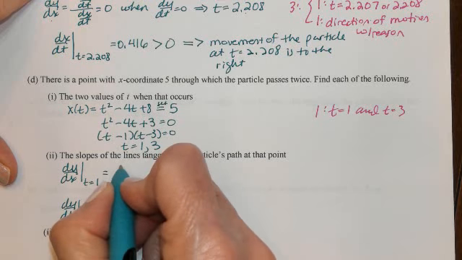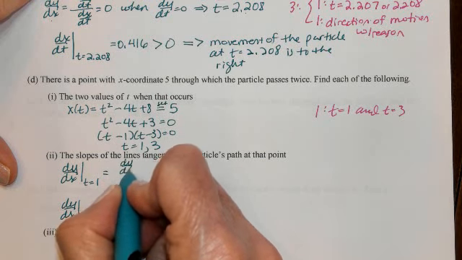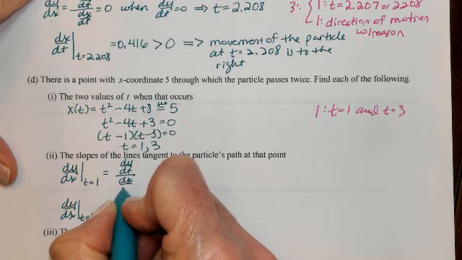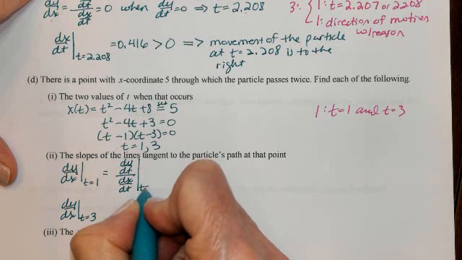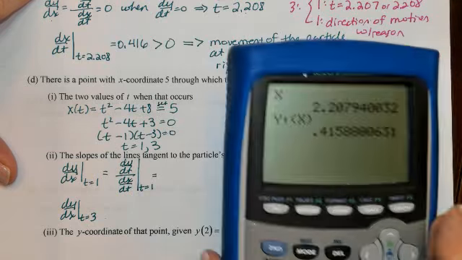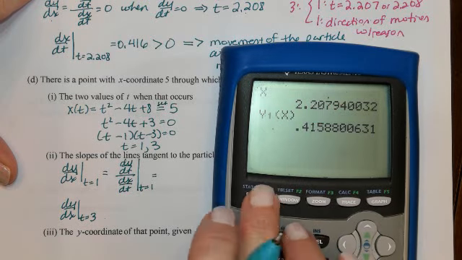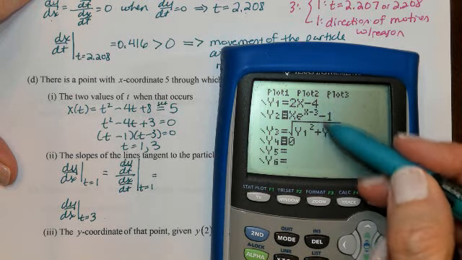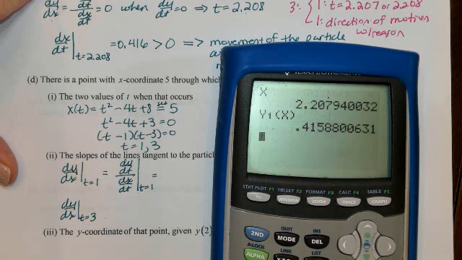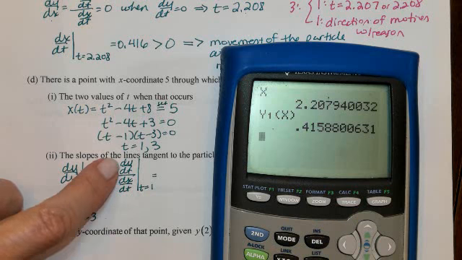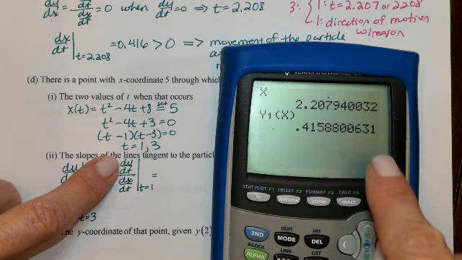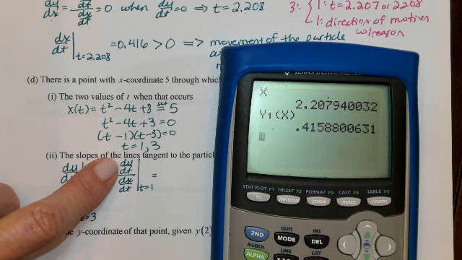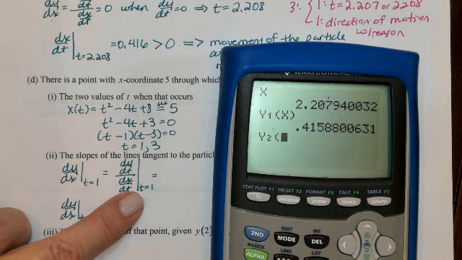So dy dx at time 1 is dy dt over dx dt, both at time 1. Back to my calculator, because I still have those equations in for my y1 and y2. Just remember, dy dt is my y2 that we have stored in here. So I need y2 at time 1 divided by y1 at time 1.